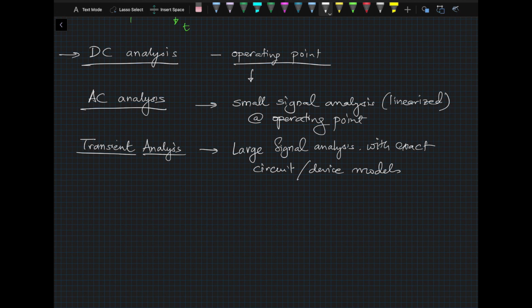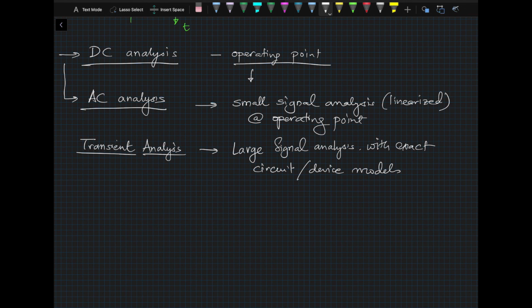We would do the DC analysis quickly, find out the operating point, and around that operating point do an AC analysis, a linearized analysis, and figure out what the gain is, what the input impedance is, what the output impedance is, how much current is flowing, those kinds of things. All this is good when you do hand analysis. Once you do that, you understand the circuit at the zeroth or first order, as I like to call it.